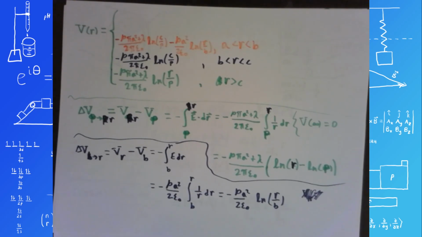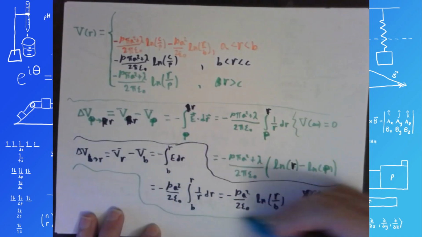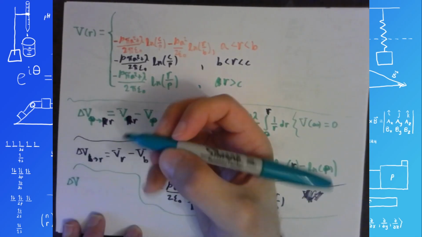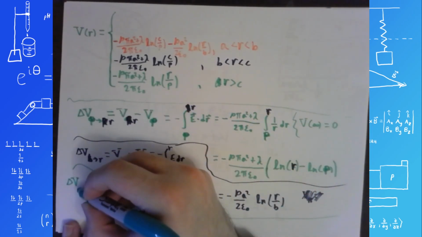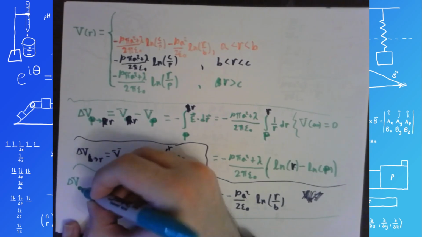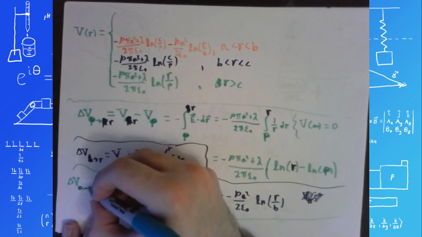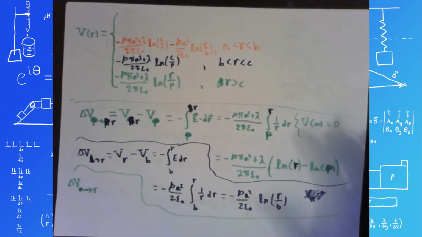For our last region of interest, I want to calculate delta V between r equals a to some other r value less than a but greater than 0.